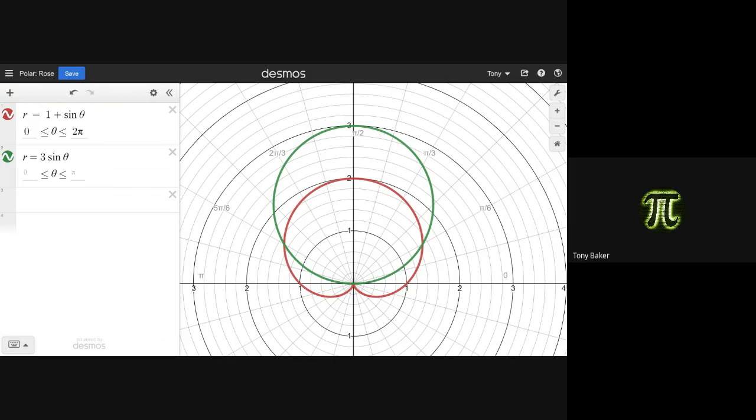So what do I need to do to find that? So we're subtracting them, right? And we're going to subtract those. But before we do that, what do I need to figure out?